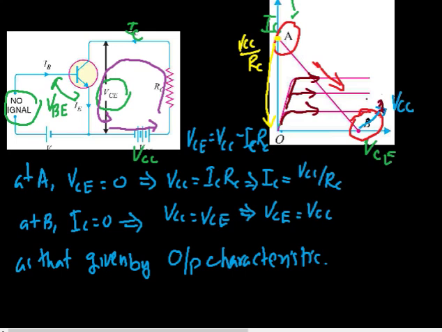Let's say this IB is 5 microampere, this is for 10 microampere, and let's say this is for 15 microampere. So when we vary the base current, we can have different output characteristics. Similarly, we can have the load line for a particular circuit.